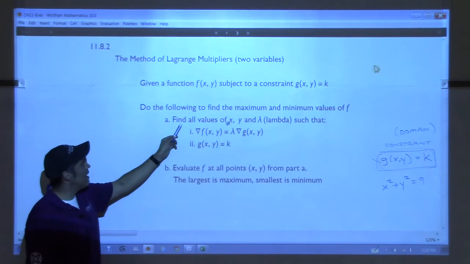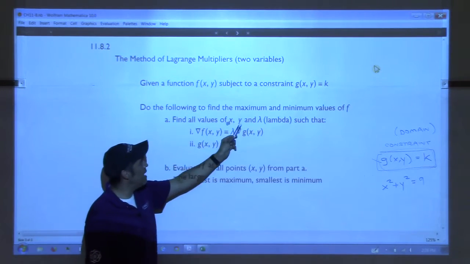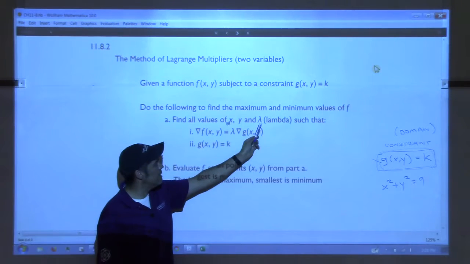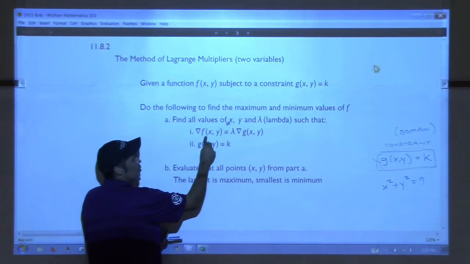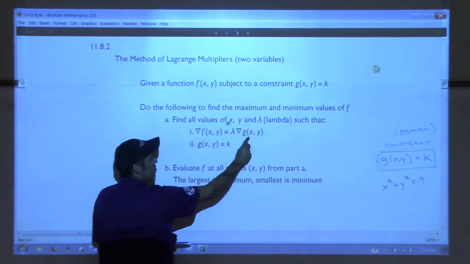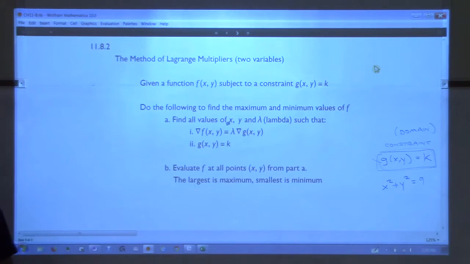We have to figure out all values of x and y and this new variable called lambda, such that, number one, this is true. What is this first condition saying? The gradient of f must be equal to lambda times the gradient of g.